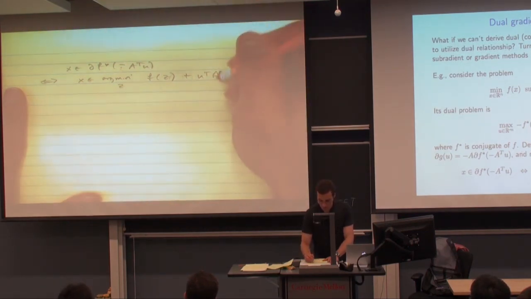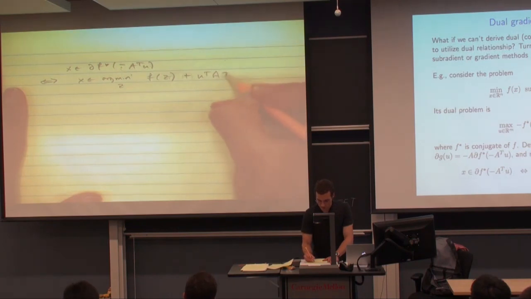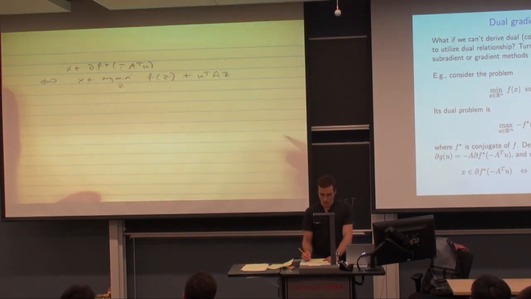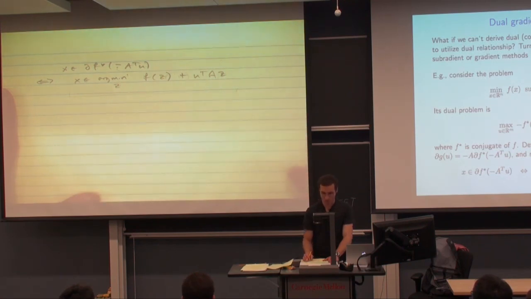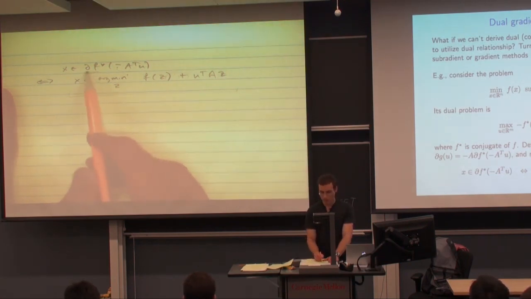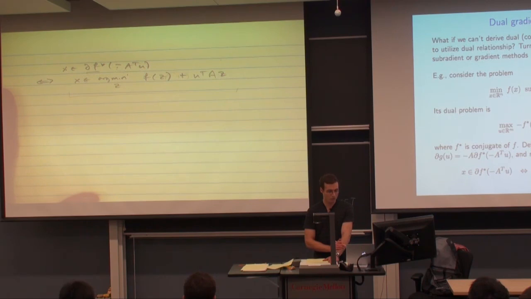I don't want to keep using x. That's supposed to be z. So this is true if and only if x is in the set of these minimizers. That's how we characterized the subdifferential of the conjugate function.